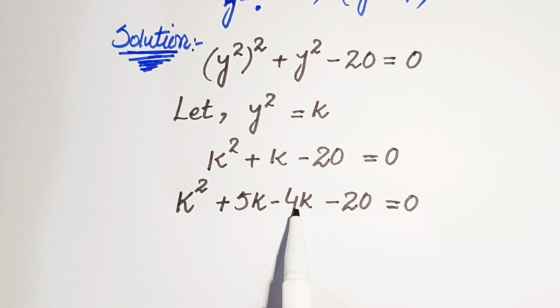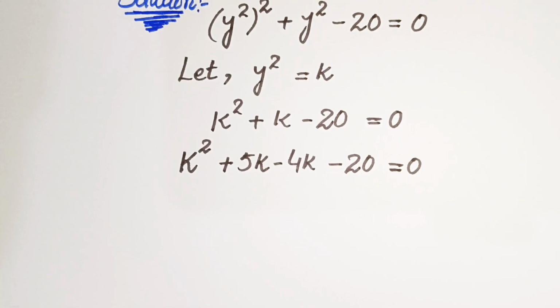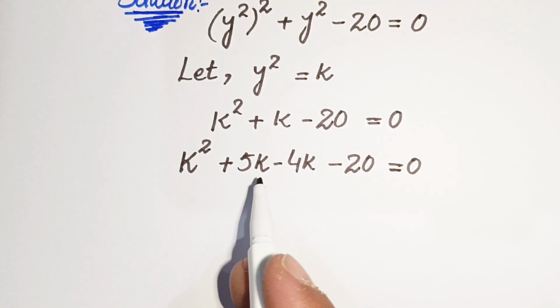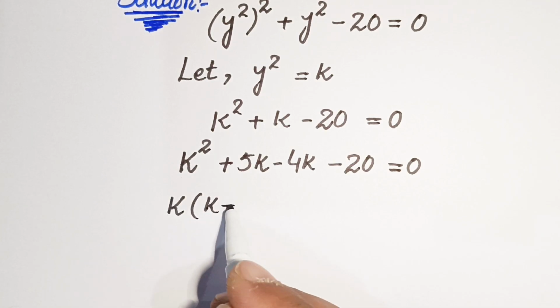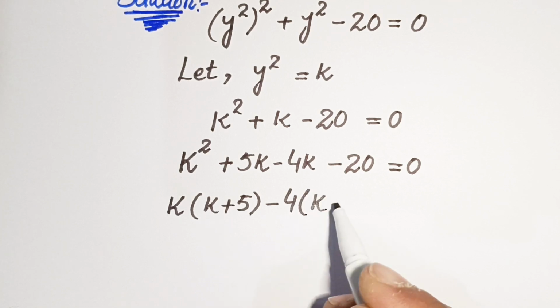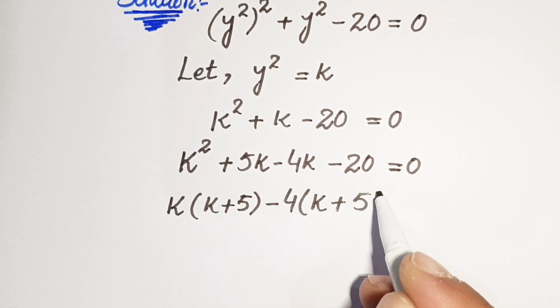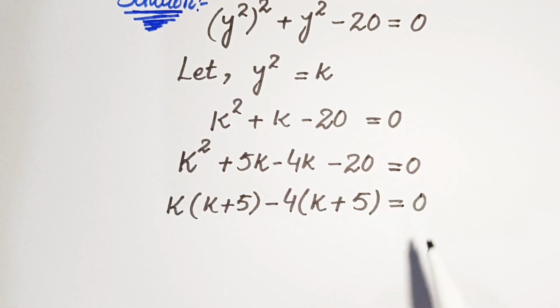Plus 5k minus 4k is equal to plus k, and 5 times 4 is 20. These are nice pairs of 5k and minus 4k. If we take k common, we get k plus 5, and if we take minus 4 common, we get k minus, minus times minus is plus, and dividing 20 by 4 we get 5, so it is equal to 0.